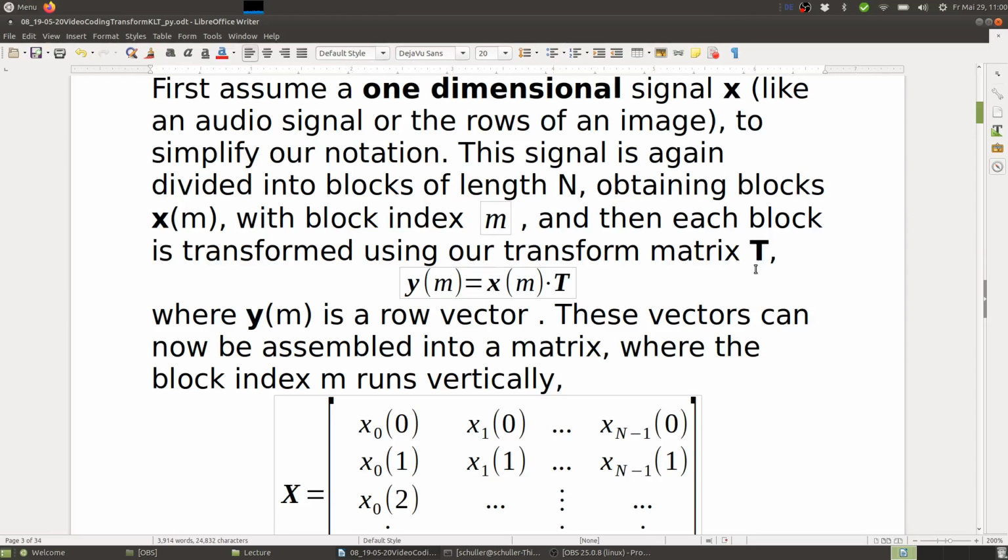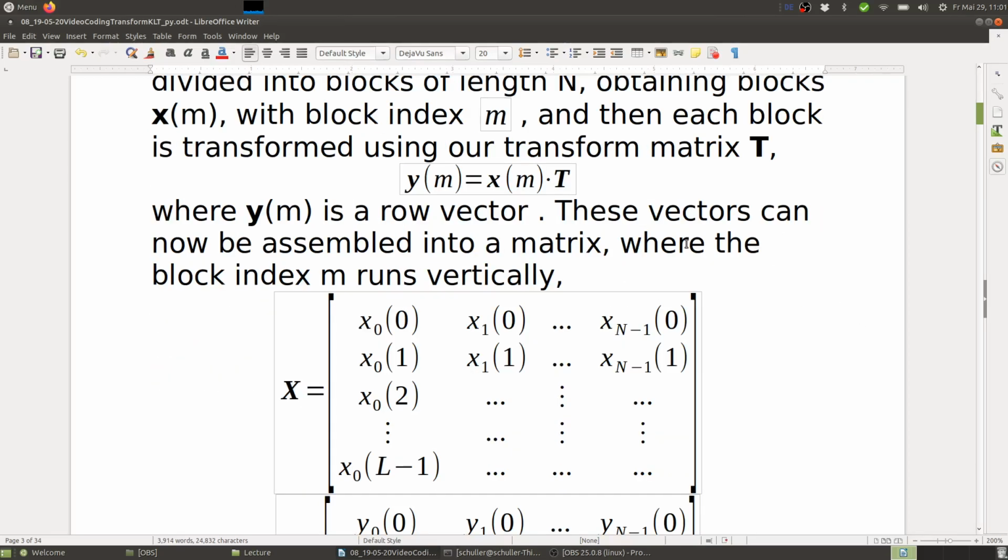We will get the optimum transform for rows and later columns, but this is not necessarily the same as a transform for both together. Yeah, but again, it simplifies the solution. So now we have this formulation for one-dimensional signals. We have a signal block x, we multiply it by this transform matrix T from the right-hand side, and the result is our vector y for block m.